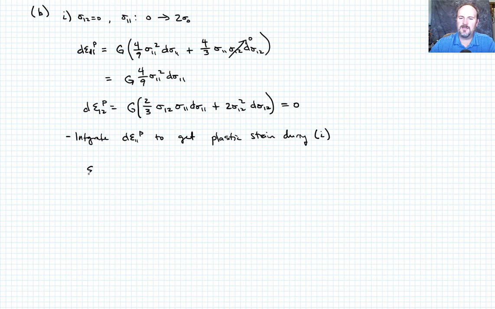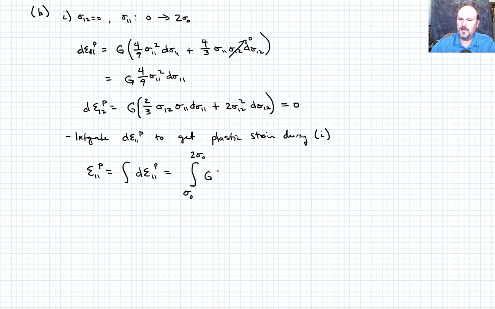So this is going to say epsilon 1,1 P is going to be equal to, obviously, the integral d epsilon 1,1 P, which will be equal to, what's our limits here? Well, we know that along the sigma 1,1 axis, it begins at sigma naught, and we go up to 2 times sigma naught. So this one is pretty straightforward.